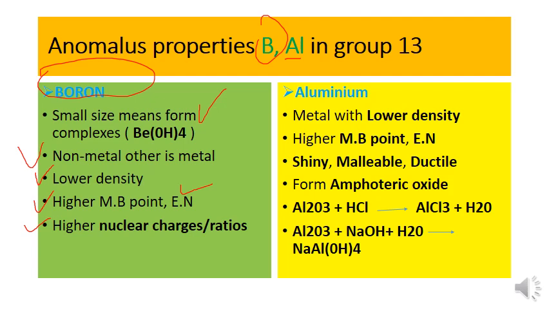Aluminium also has anomalous properties. Aluminium is a metal with low density, a high melting point and high electronegativity. Aluminium also has a shining property: when light falls on aluminium, it shines. It is malleable, which means it can be hammered into a sheet.